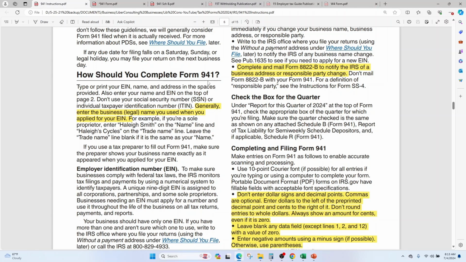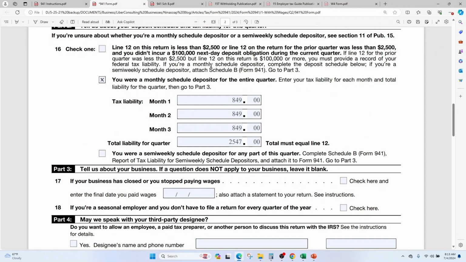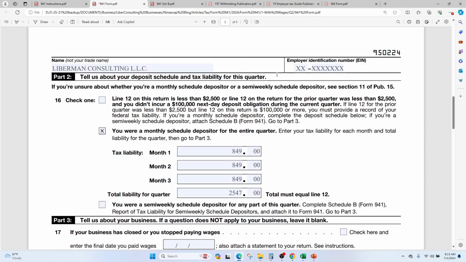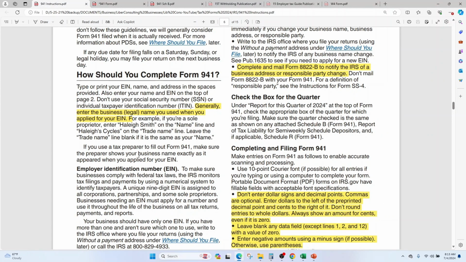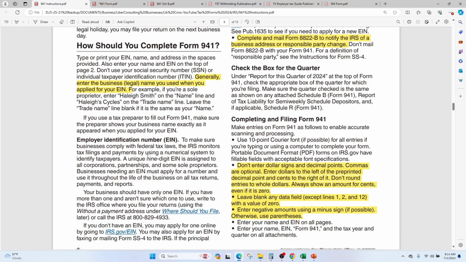That's what will go on your Form 941 at the top, and at the top of the second page as well. You'll find that on the SS-4 letter that you receive from the IRS.